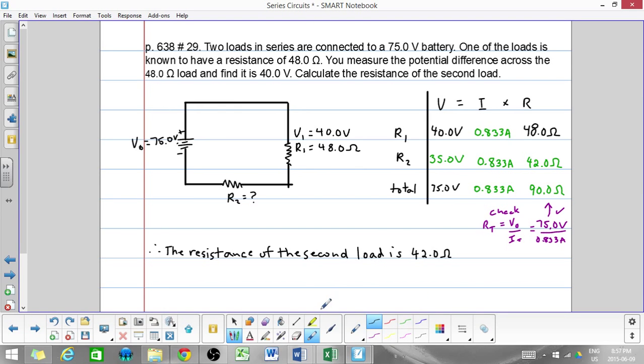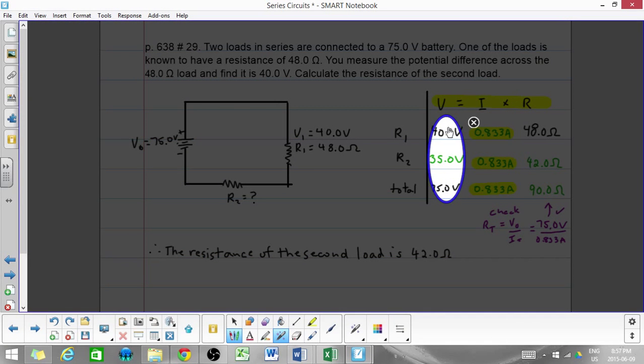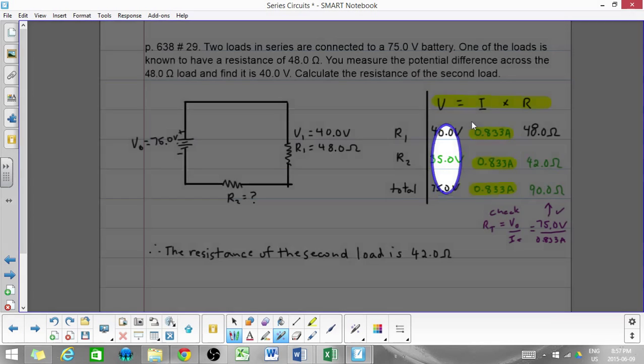So to review what's going on in series circuits, the main relationships here, Ohm's law applies to every resistor and for the circuit as a whole. The current is the same everywhere in a series circuit. And the voltages across the loads add up to the voltage of the source.